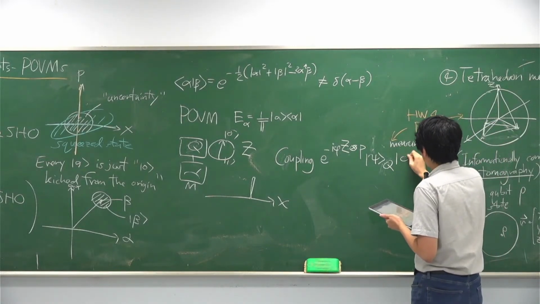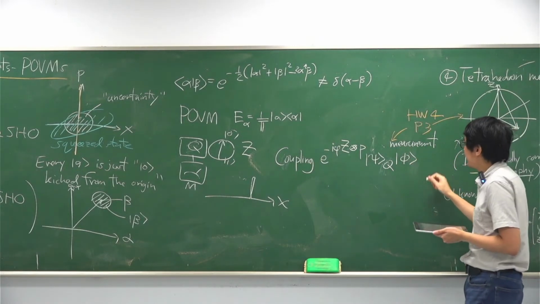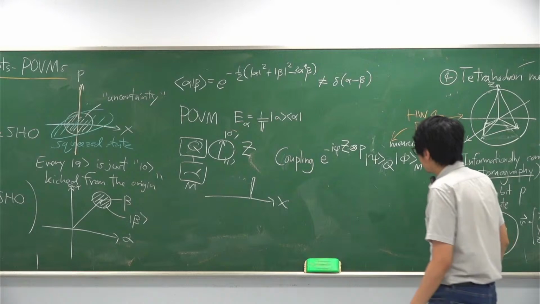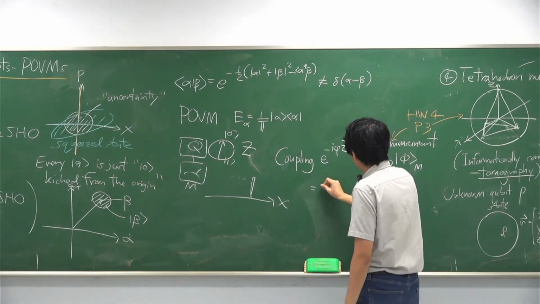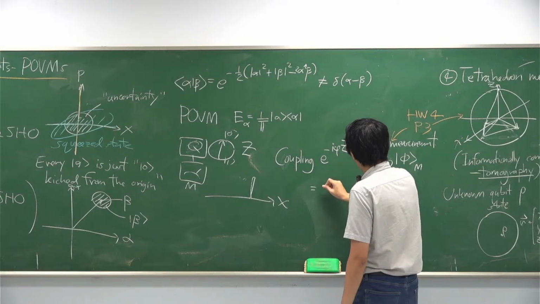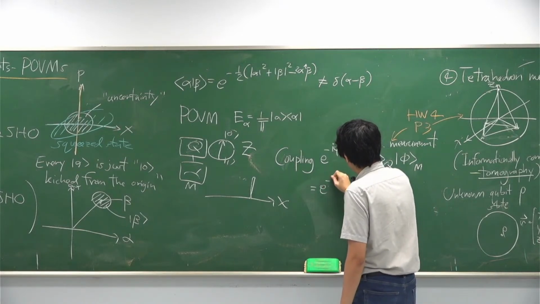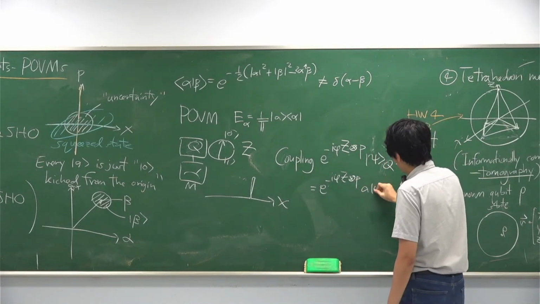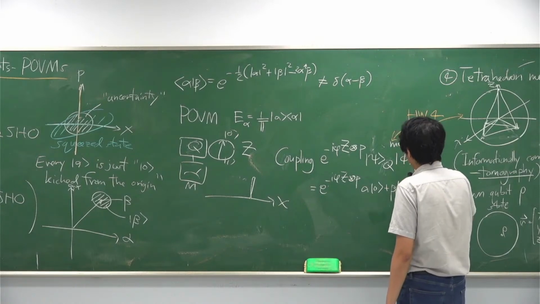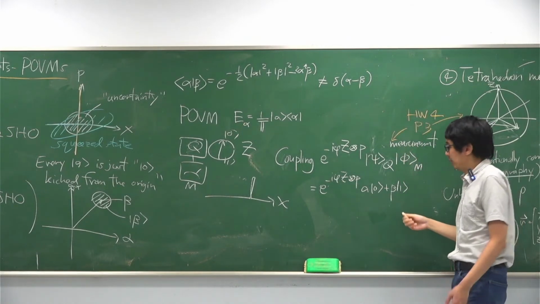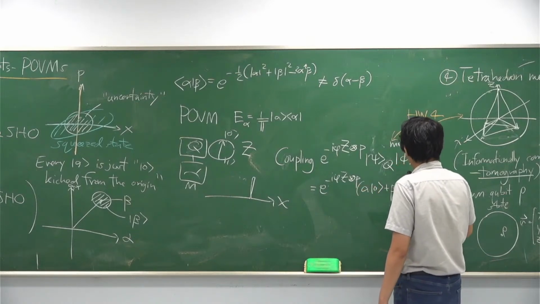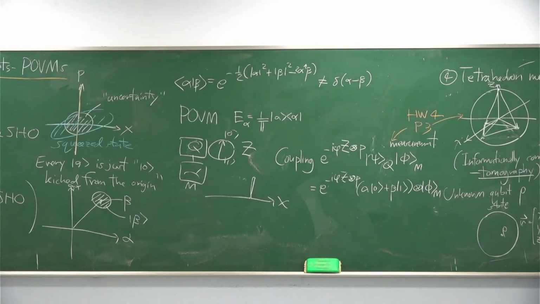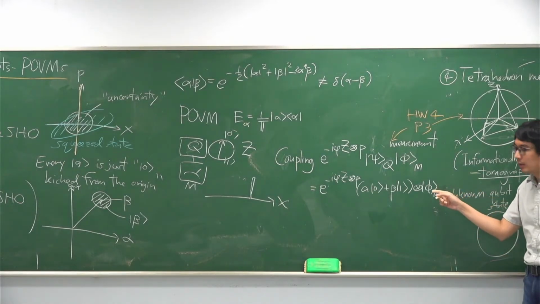Let's say the meter is in the state or wave function phi. Step by step, the system is in some superposition of 0 and 1. This is what we want to know by observing the meter system.